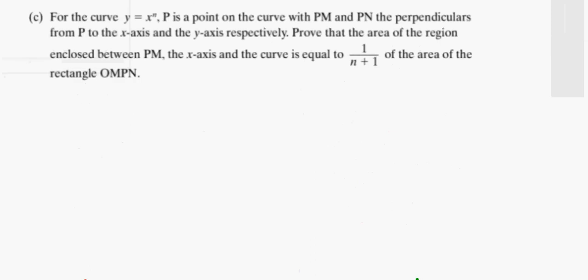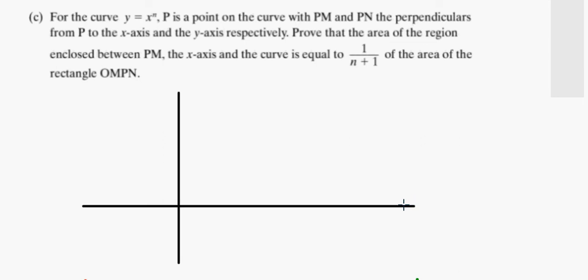Now, for the curve y equals x to the power of n, P is a point on the curve where PM and PN are perpendiculars from P to the x-axis and the y-axis respectively. Okie dokie. Does it say n has to be positive or anything like that?